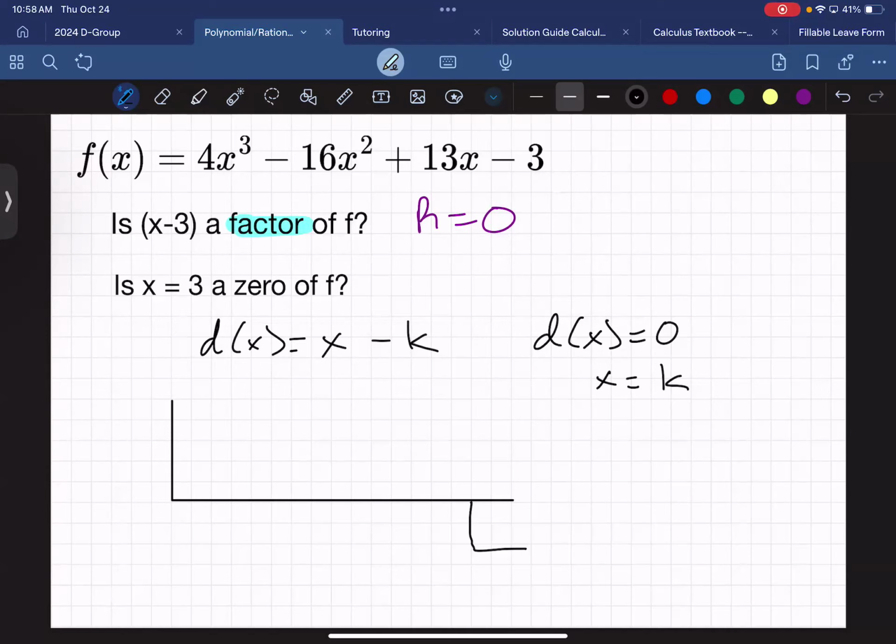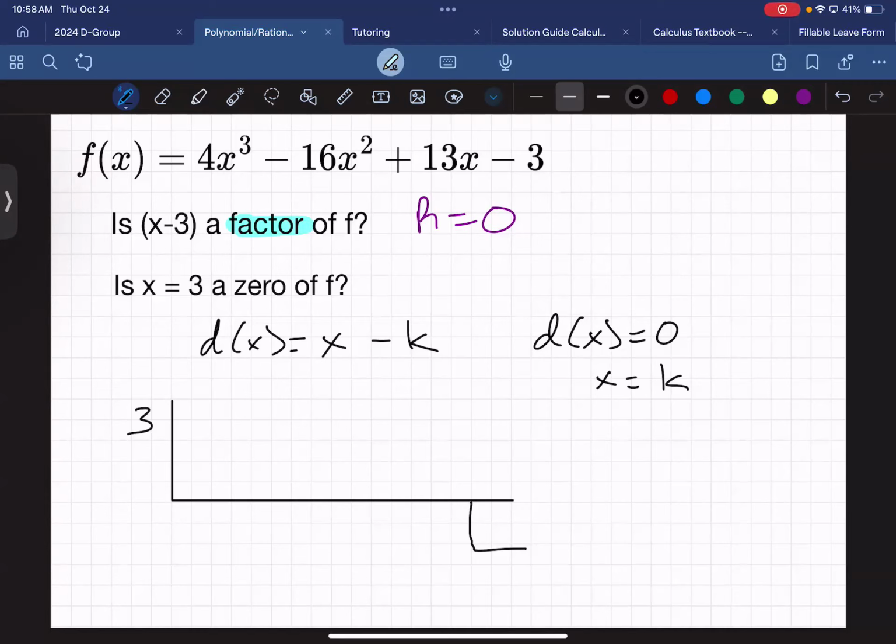Why do you think I'm putting this box here? What is it that we're watching for? The remainder, right? We're doing the division, and I'm highlighting right now, this is going to be our focus a lot of times. Where's my remainder? Now, out here, I'm putting the 3. Where did I get the 3 from? That's my K value, right?